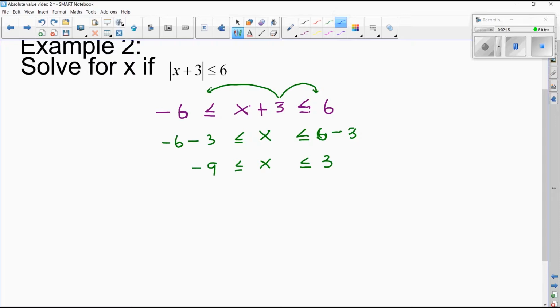In the second method, I'm going to use the definition of the absolute value, and I say that x plus 3 must be less than or equal to 6, and at the same time minus x plus 3 must be less than or equal to 6.